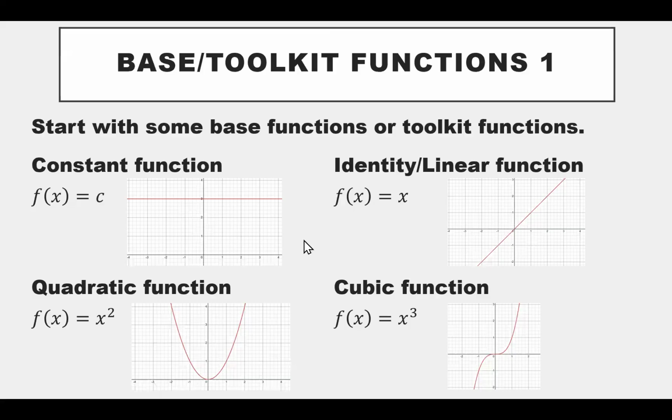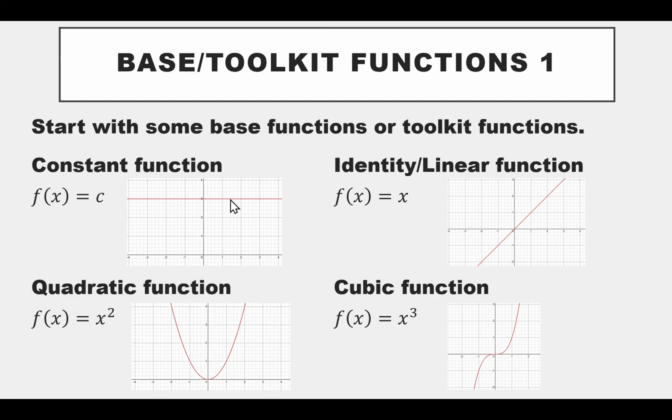Now I do want to say this. The hardest part to see usually is the vertical stretch or the horizontal stretch if there is one. And I keep using the fact that our function goes through the point (1, 1) because the vast majority of our base functions do go through the point (1, 1).